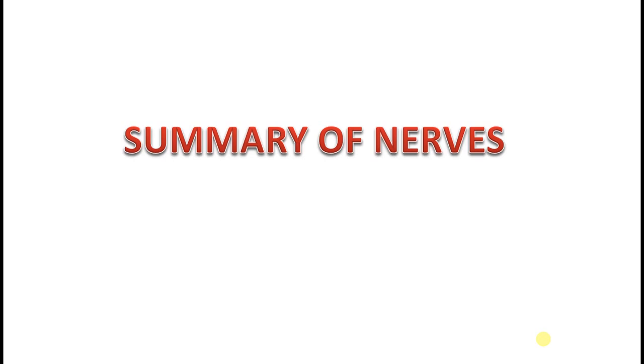So, in this lecture, I am going to summarize the nerves of the upper limb. That is, I am going to summarize mainly the three nerves: the median nerve, the ulnar nerve and the radial nerve.